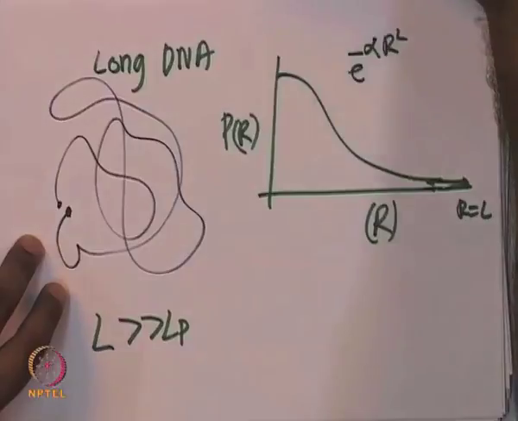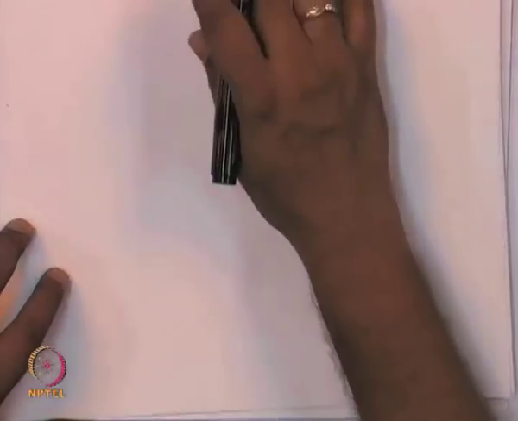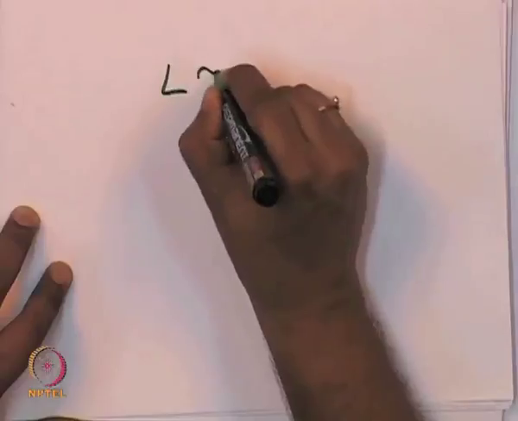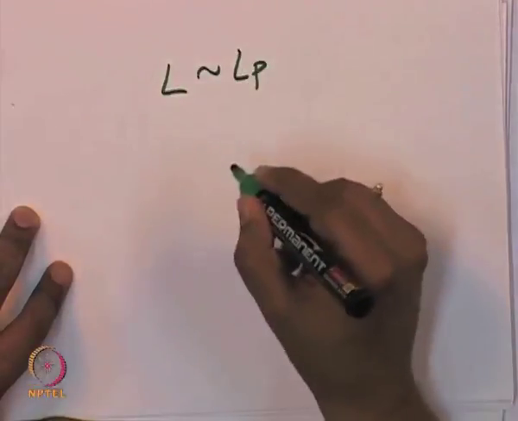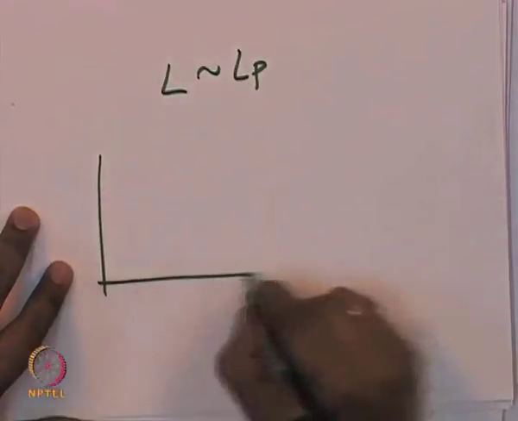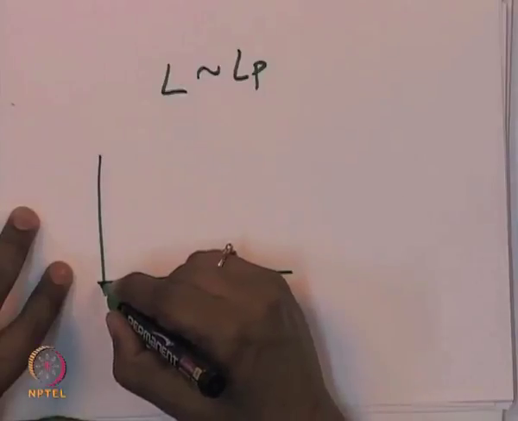So, for a DNA for which the length L is comparable to the persistence length, what you will get is something like this.